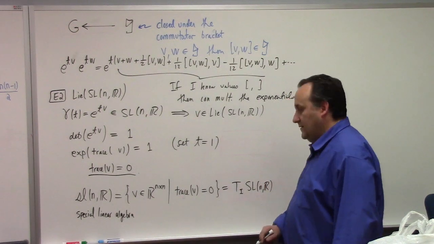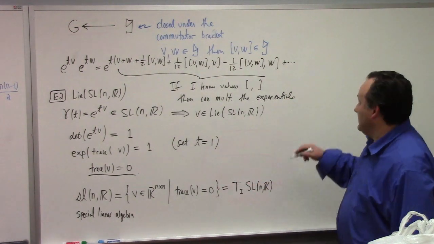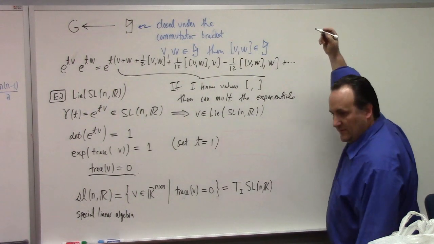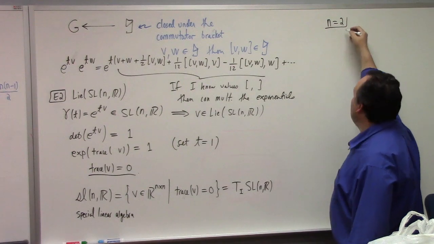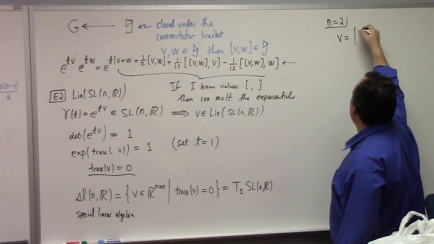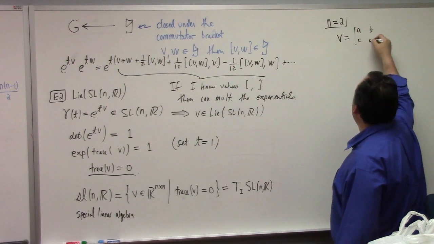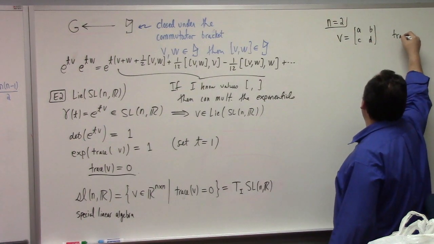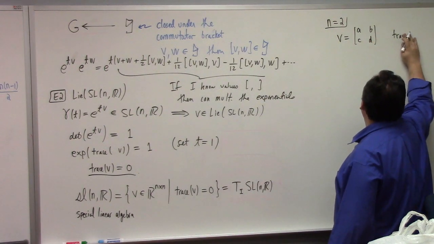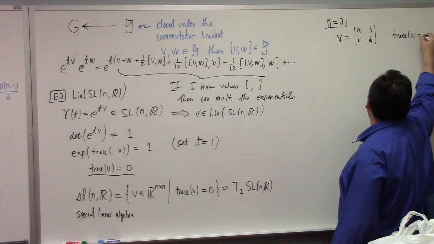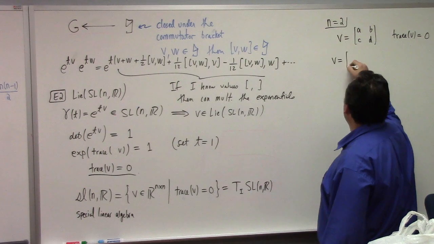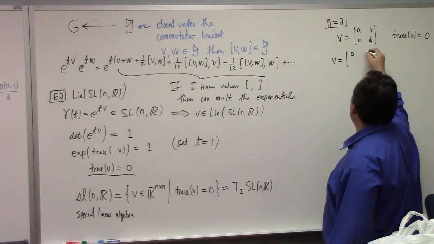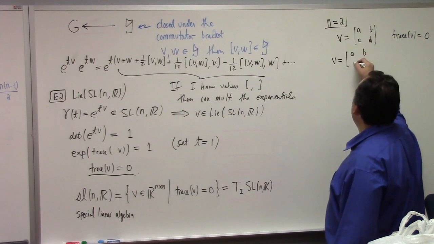Now let me not do it for arbitrary n. Let's keep it simple. Let's make it two-dimensional because I'm tired. So n equals 2. So you've got v equals a, b, c, d, with the trace of v equal to 0. So what is v equal to? a, b, c, and we've got to put a minus a here.